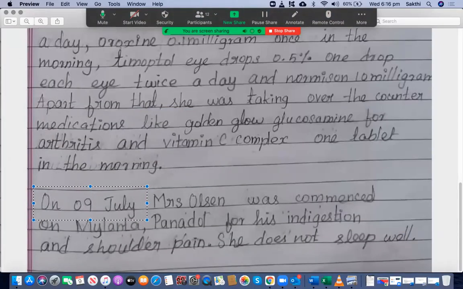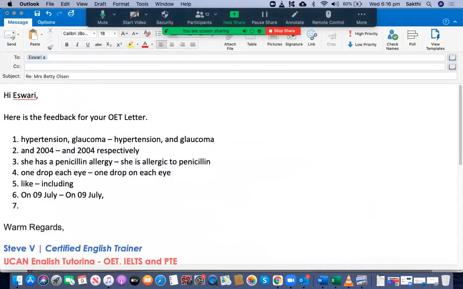Mrs. Olsen was commenced on Mylanta, Panadol for indigestion. Are they two different medications? Yes, sir, different medications. So Mylanta is for the indigestion, and Panadol is for the shoulder pain, right? Yes, Panadol is for pain relief. So you should have used "respectively," and you should have used "and" here. It's the same issue that you have done previously.